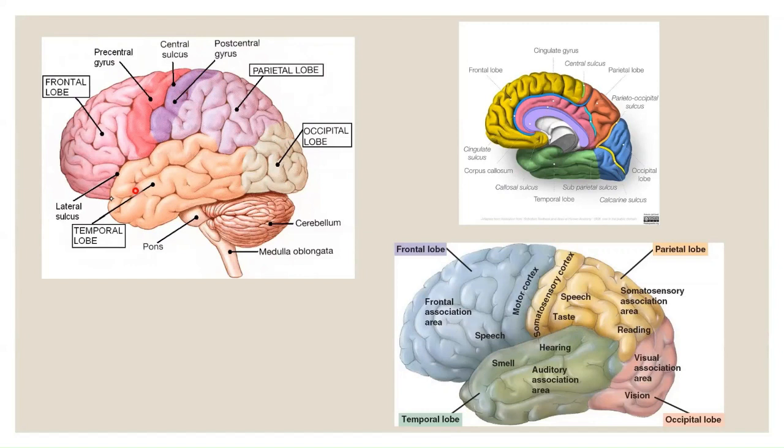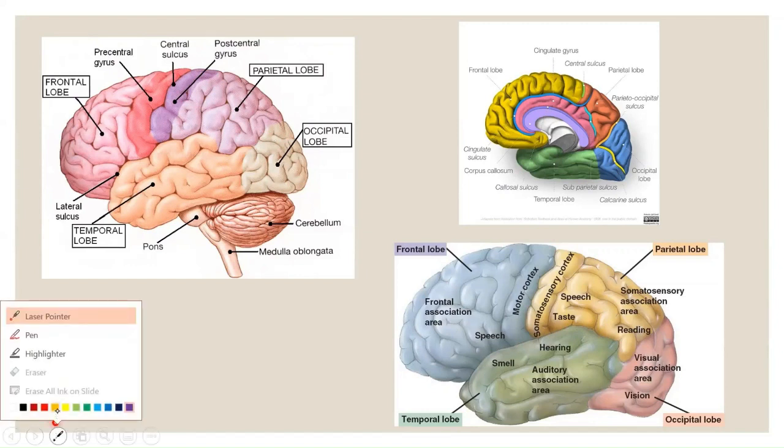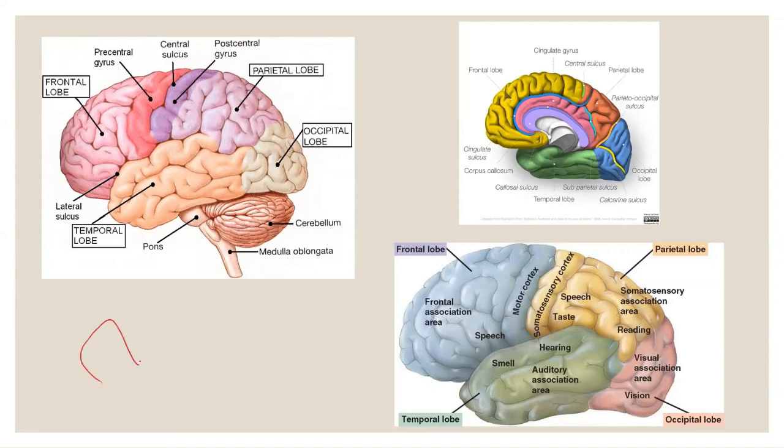Then if you look at the brain surface, it's thrown into many folds. Like this, it's thrown into many folds. And these outer parts, these extensions, are called gyri. And these folds are called sulci. And you have some deep sulci, which are called fissures.